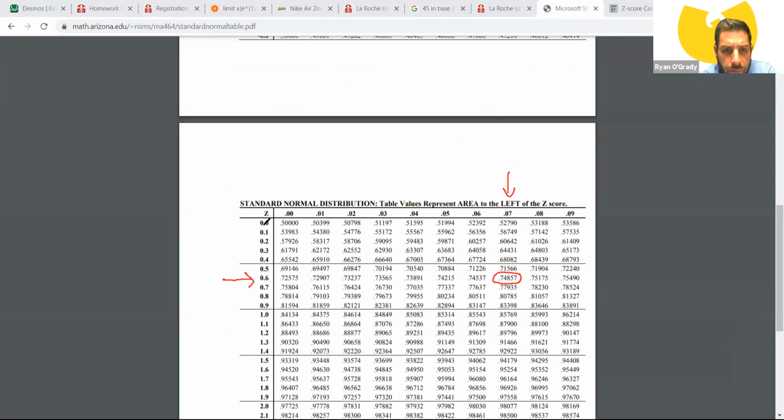So again, the vertical column gives me the first decimal or the tenths, and going across horizontally gives me the hundredths. So 0.67, and so 74857.